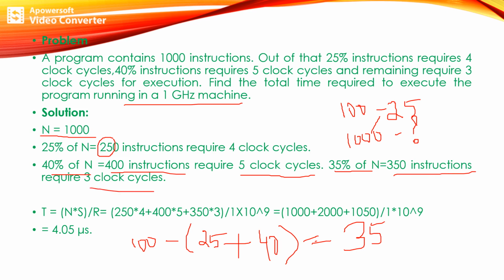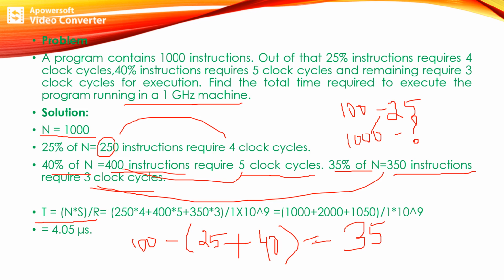Now how to compute capital T? What is the equation to compute T? T is equal to N into S divided by R. N is the total number of instructions considered with respect to the clock cycles, like 250 into 4, 400 into 5, 350 into 3, divided by 1 gigahertz, that means the clock rate, 1 into 10 to the power 9.